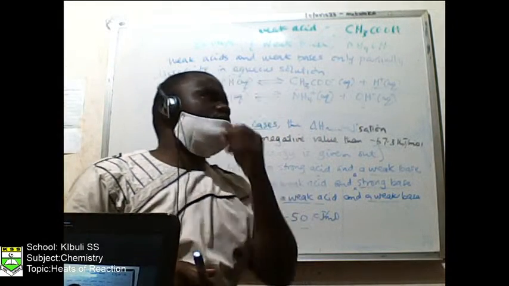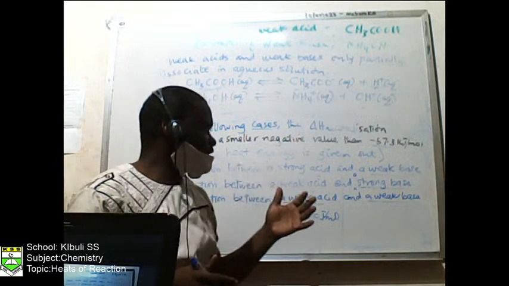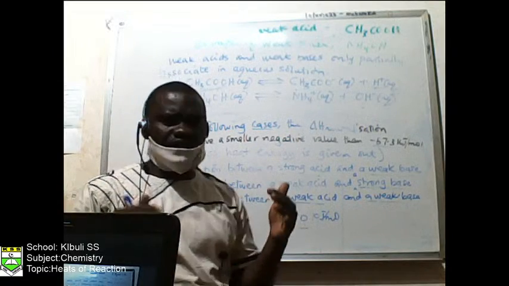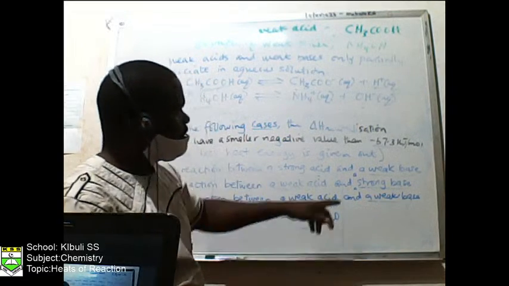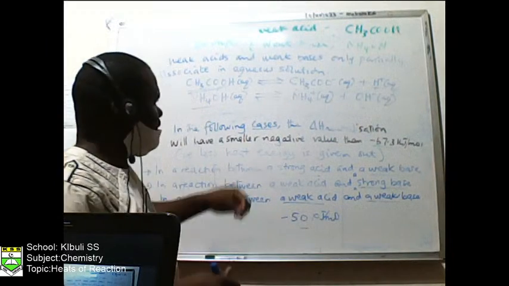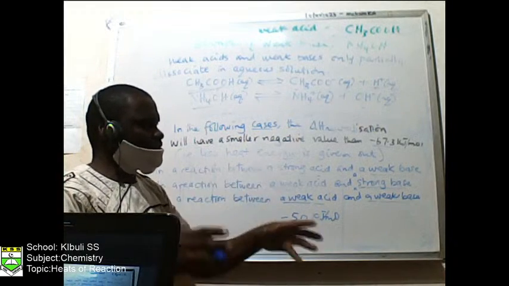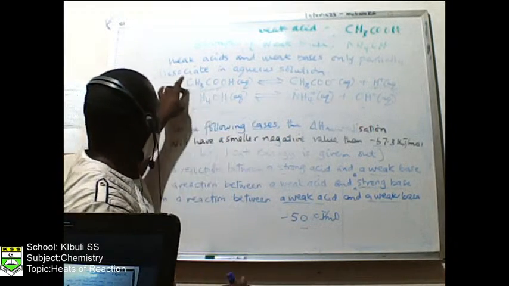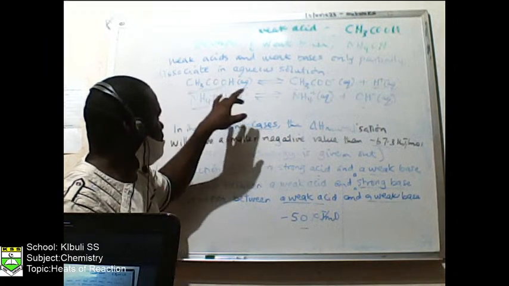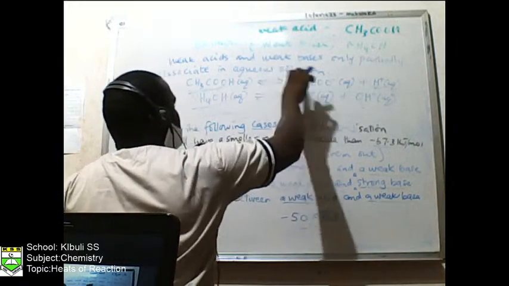So that question is very common. They ask you to explain why a reaction involving either weak acid or weak base will have a smaller enthalpy change than 57.3. The reason is that some of the energy which would have been liberated to the surroundings is used to dissociate the weak acid or weak base, because this dissociation process requires heat energy.